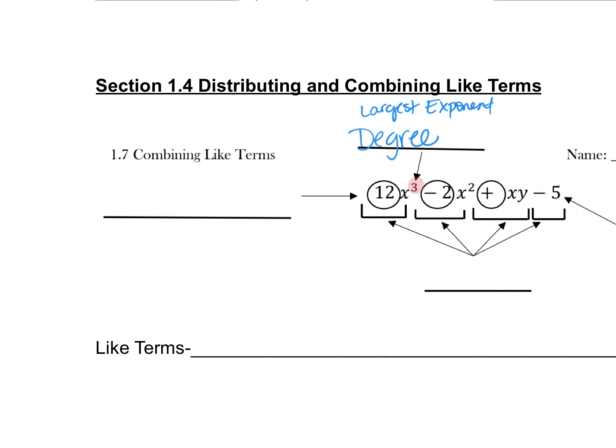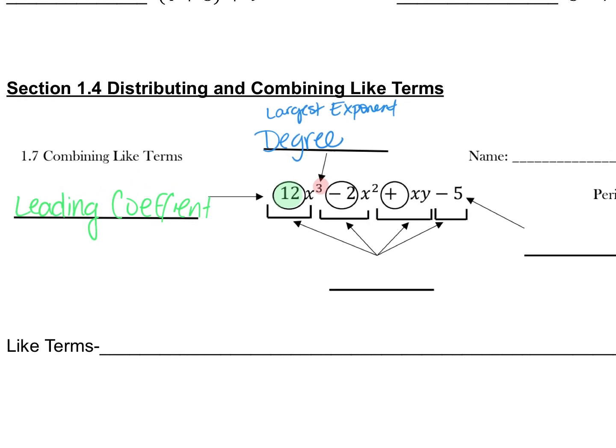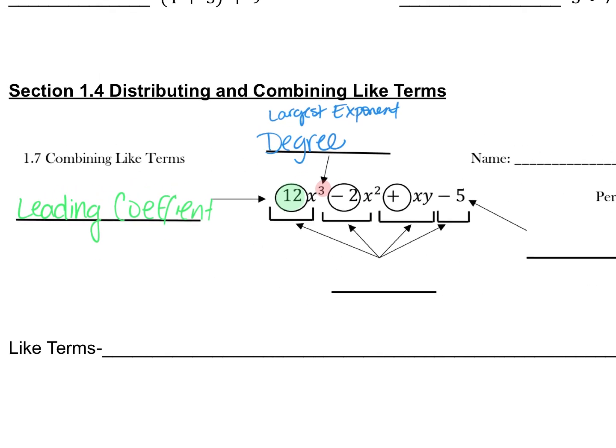This one is talking about this number right here. And that is the number out front, the leading coefficient. All right, now for the bottom blank, this is pointing at every single one of these terms is what it's called.